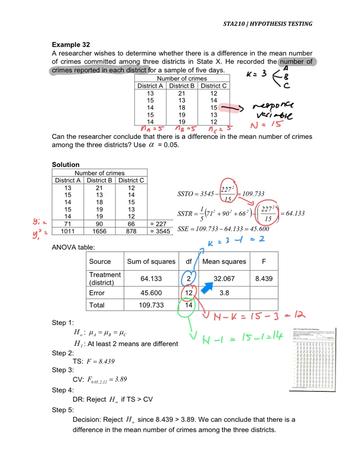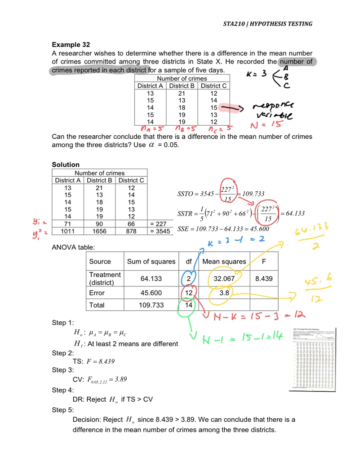Now calculate the mean square. Mean square for the treatment. So how do we get 32.067? You just take the value of 64.133 divided by 2. If you still remember, column sum of square divided by degree of freedom gives the value for mean square. So this value is obtained by 64.133 divided by 2, whereas this one is 45.6 divided by 12.